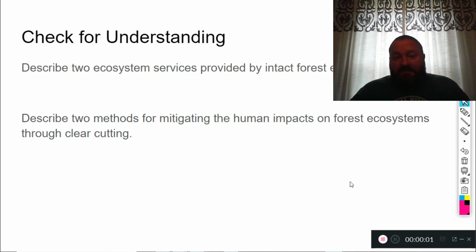All right, so those ecosystem services, again, take a second, just Google ecosystem services, and it'll come up with a huge list of things. In addition to that, you can look at that 2020 AP exam sheet that is on Google Classroom.